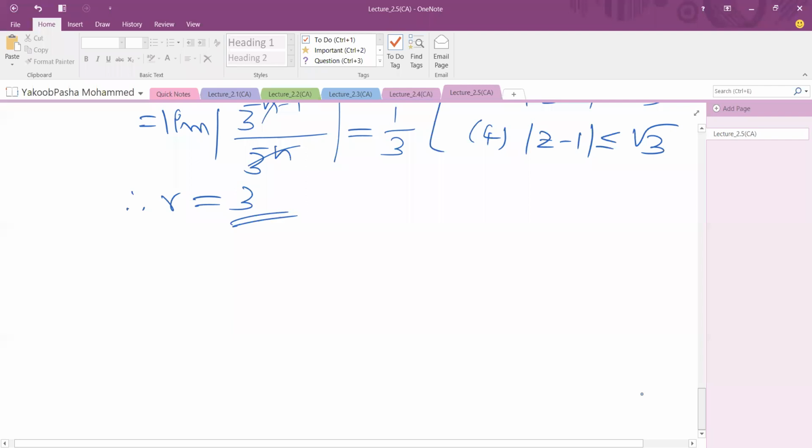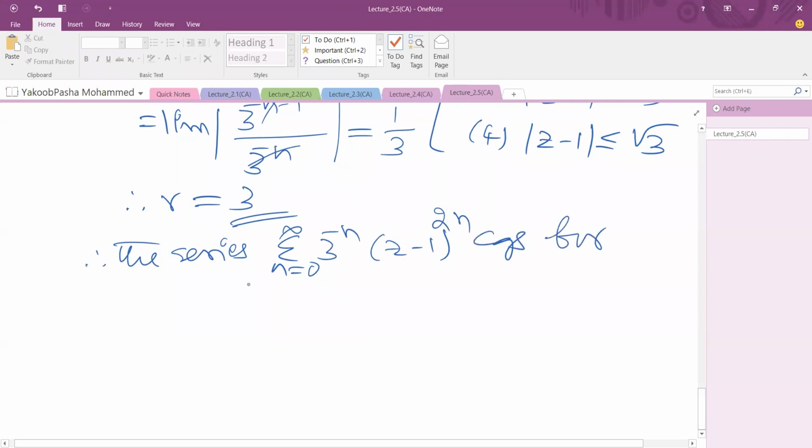Therefore the given series, summation n is equal to 0 to infinity 3 power minus n (z minus 1) whole to the power of 2n, converges for modulus of z minus 1. Actually, here we can write this as (z minus 1) whole square, whole power n, so here we should write (z minus 1) whole square is less than r, r is equal to 3.